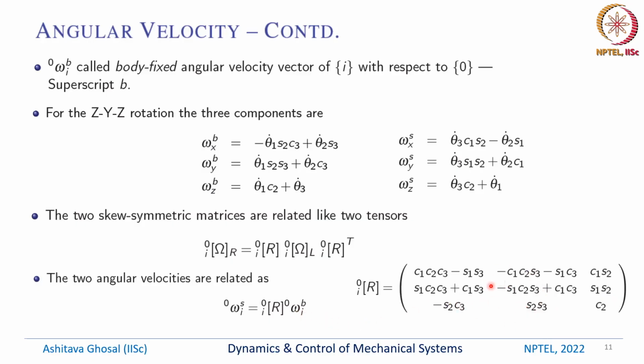If I take this rotation matrix and pre-multiply 0 omega IB with it, I will get 0 omega I S. So the x, y and z components of the space fixed angular velocity vector are related to the rotation matrix times the x, y, z angular velocity vector of the body fixed.